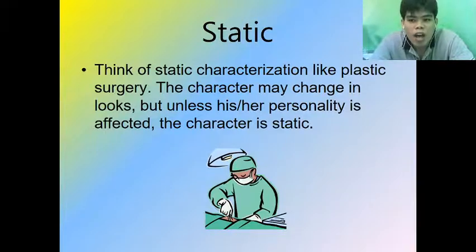No matter how many physical changes the character has, becoming more beautiful, becoming more handsome, or becoming ugly, turning into a frog, and so on, if their attitude or their way of life did not change at all, it is considered a static character. Let's say at the beginning they were kind and up to the end they were still kind, or they were evil and up to the end they were evil, they are a static character.